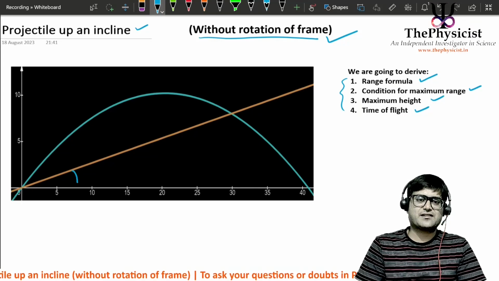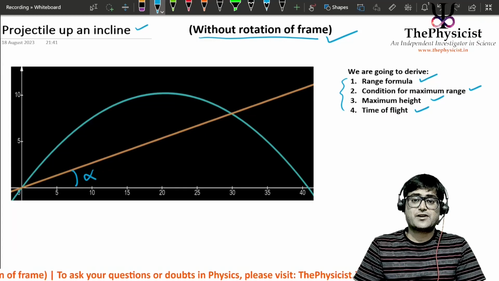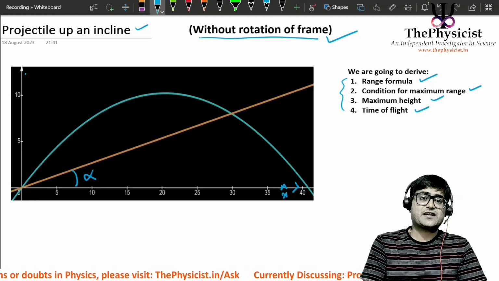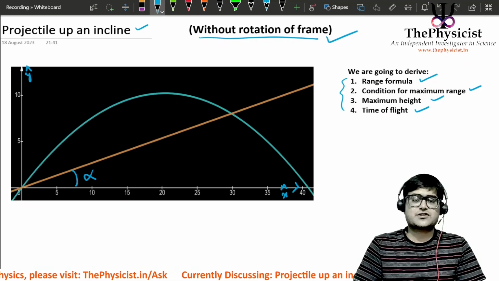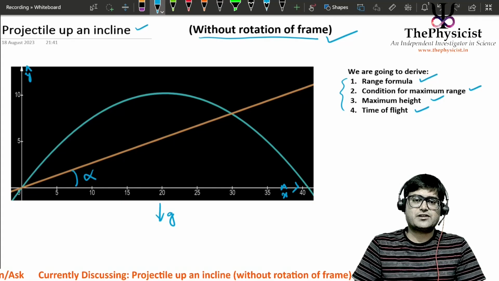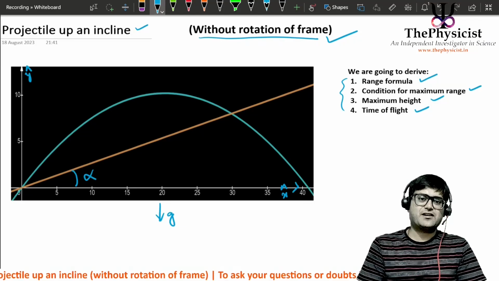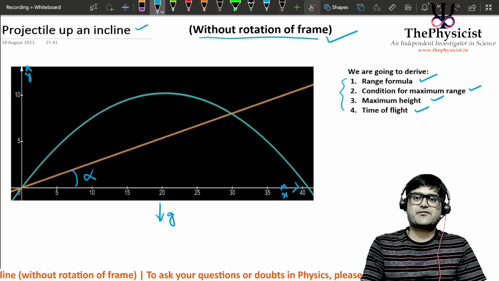I am going to keep this axis as my x-axis, x cap, and this as my y cap, the y-axis, and gravity would definitely be downward, g constant.